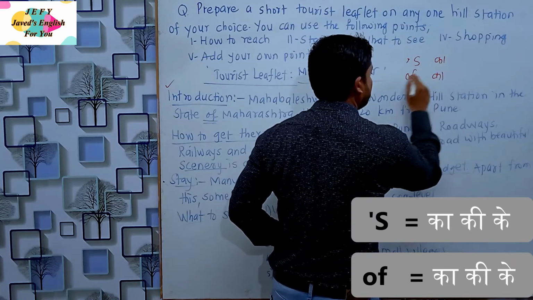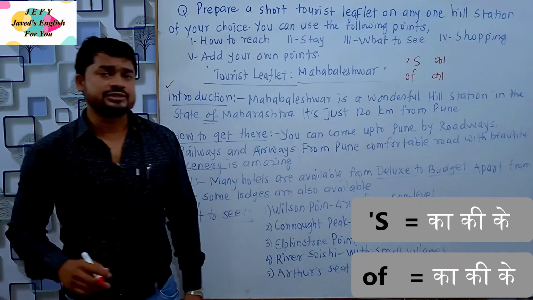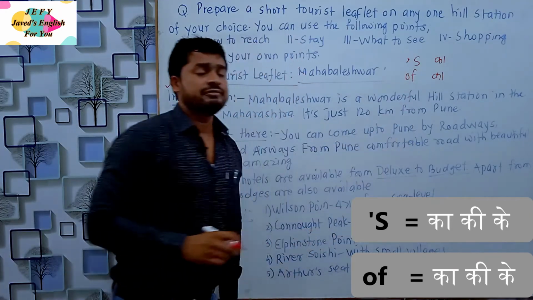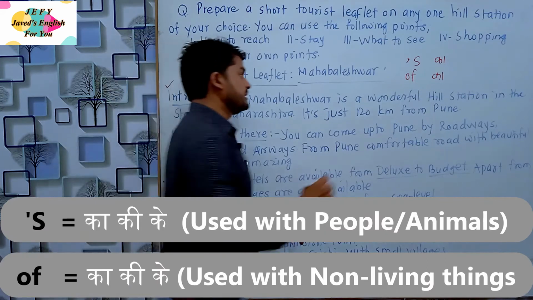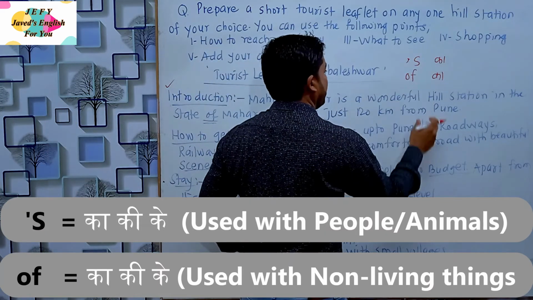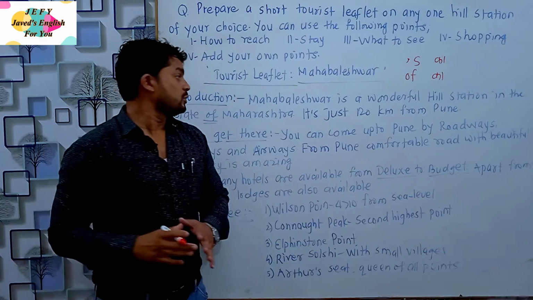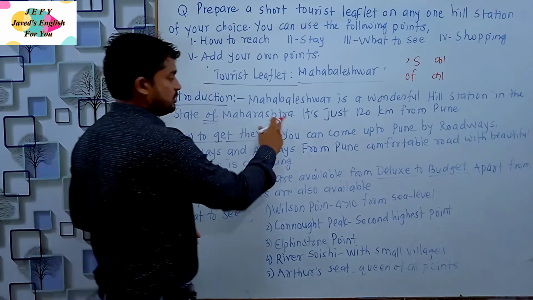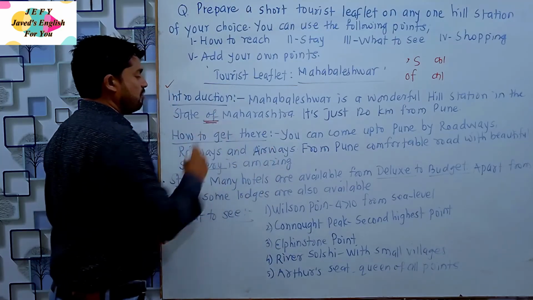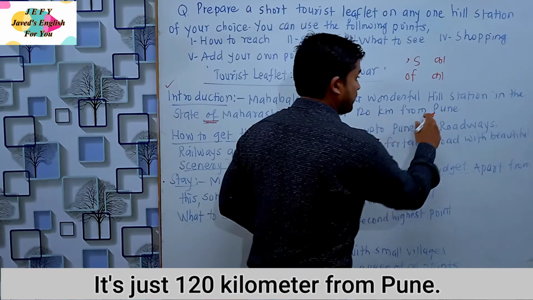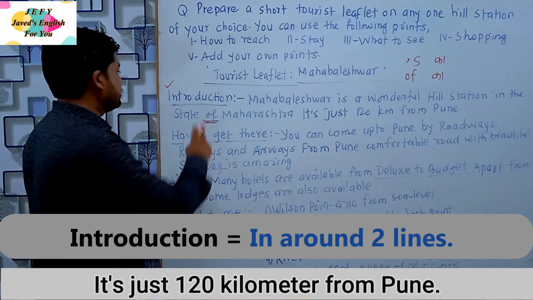Then what is the difference? We use apostrophe S with living things, and we use of with non-living things. So state of Maharashtra, non-living, that's why we have used of. It's just 120 km from Pune. Now this one is our introduction.